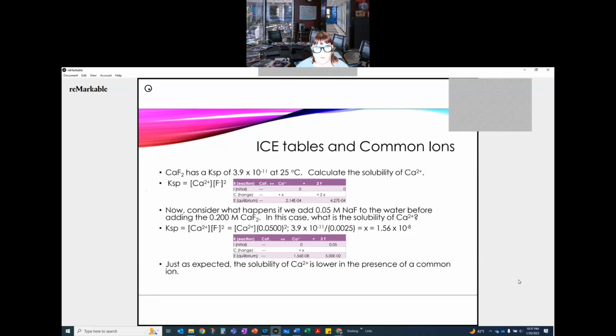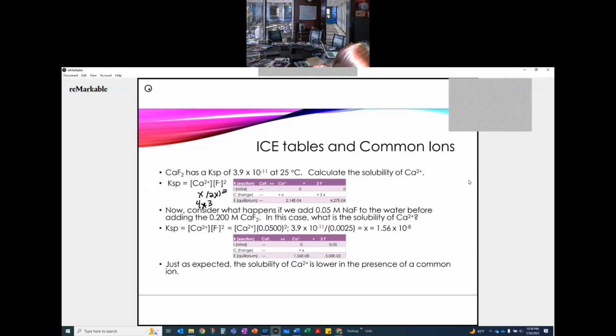CaF2 on its own has a KSP of 3.9 times 10 to the minus 11th at 25 degrees. If we calculate the solubility of Ca2 plus, the KSP is equal to Ca2 plus times F minus squared. Every CaF2 I put in gives me a Ca2 plus and 2F minus, right? So if we take our x and 2x squared, that gives me 4x cubed.